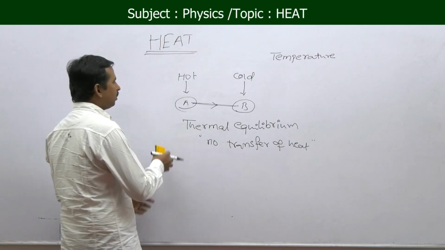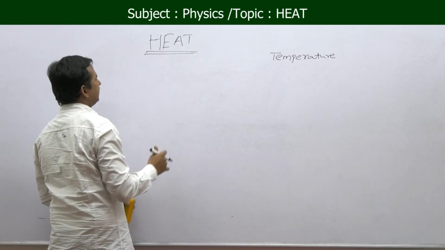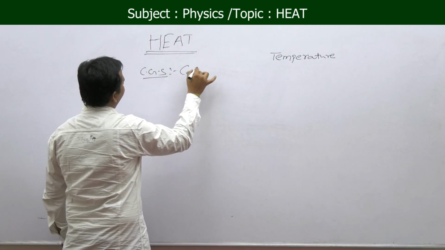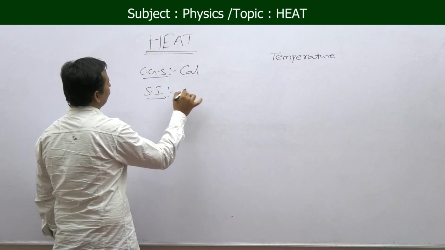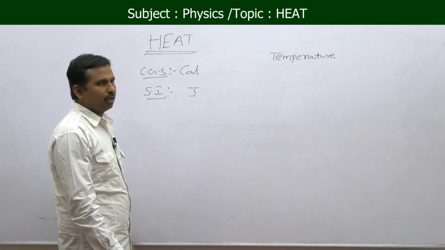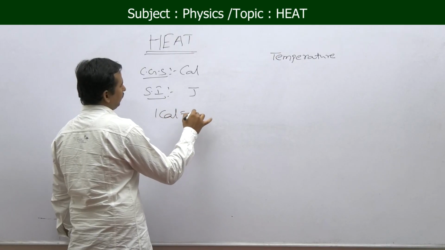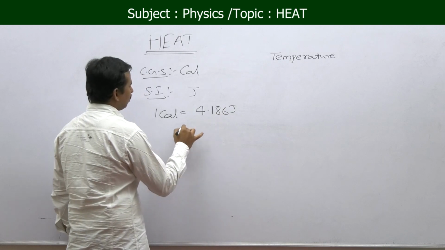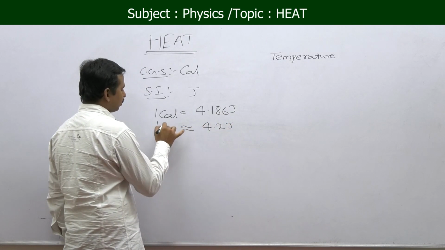Then if you see the units, heat energy has units of calories in CGS, and joules in the SI system. We already know that 1 calorie is equal to 4.186 joules, or approximately 4.2 joules.